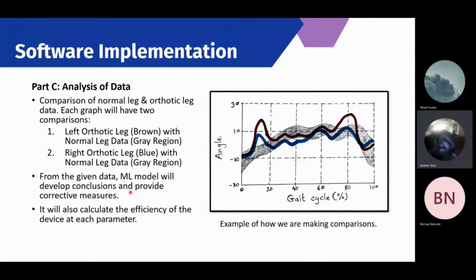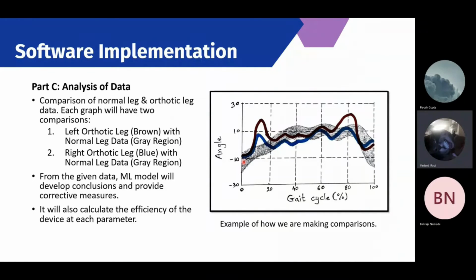Now coming to the analysis of our data. As you can see from the example image, we are isolating one gait cycle on our x-axis, and on the y-axis we are plotting the angle. The brown and blue lines indicate the left and right leg respectively, and the shaded gray region is the normal leg data.